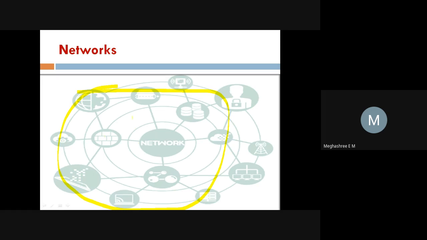See, if you look at this image, you can find many devices here, right? Yes or no? You can find this as one device, this is one device, and this is one more device, and this is one more device, this is one more. And all these devices are connected, isn't it?